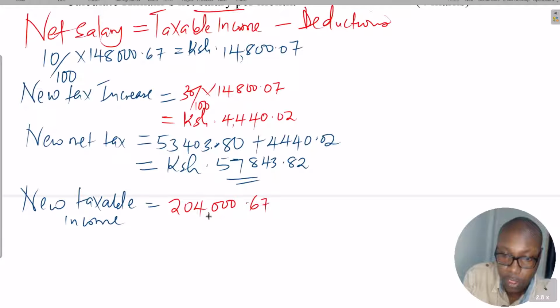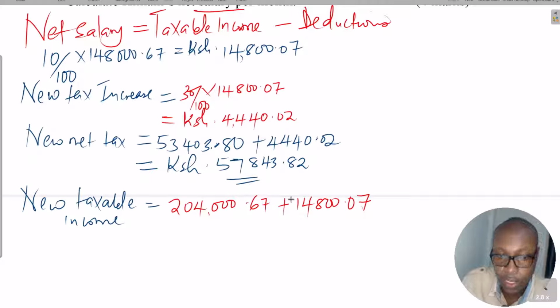204,067 cents, and then plus, remember, the increase in the basic salary. It is here. This is the increase because it was 10% of the basic salary. So we add that increase, 14,807 cents. Why are we doing this?